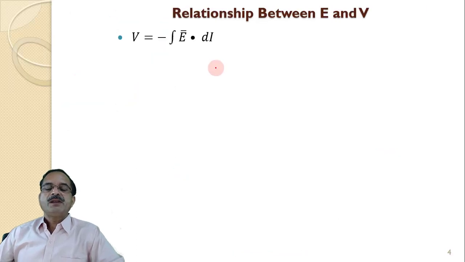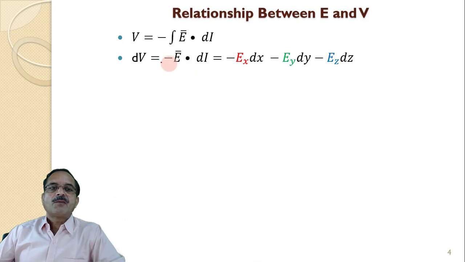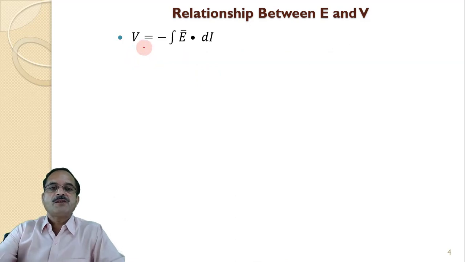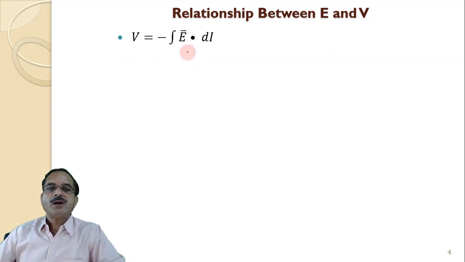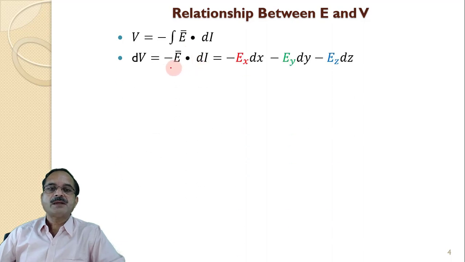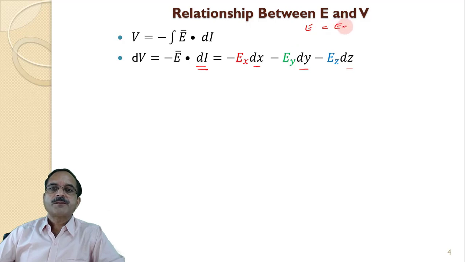So continuing with the same equation, V is equal to minus integral E dot dl. If I take the derivative of both sides, this gives me dV equal to minus E dot dl. E will have three components: Ex Ax plus Ey Ay, that is the Y component, plus the Z component, Ez Az.